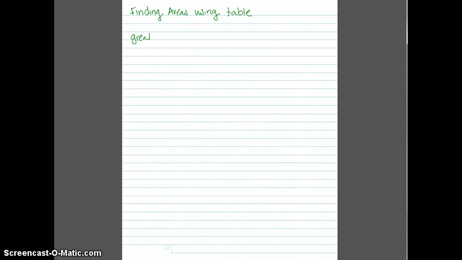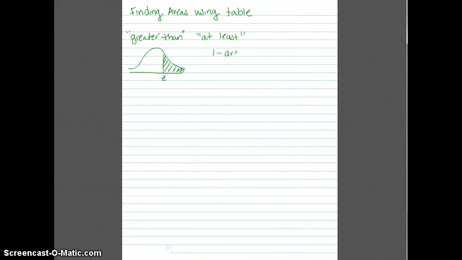All right, so the first thing we're going to do is look at what we would do if we needed to find the area that is greater than a z-score or at least a particular z-score. Now again, remember the area under the curve is 1. So I'm going to draw a quick sketch of the curve, place my z-score wherever it happens to fall, and shade in what it means to have area greater than or at least a particular z-score.